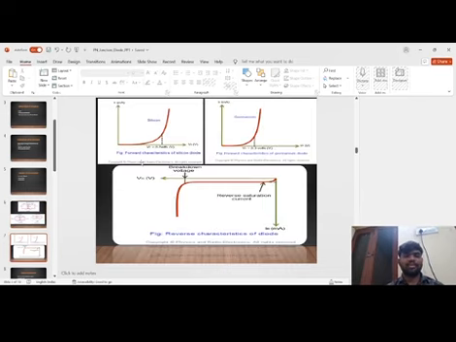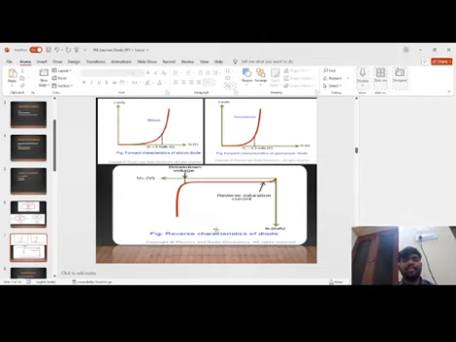These are the characteristics. This is the silicon diode characteristics. This is the germanium characteristics. This is the reverse bias. In forward bias, after a certain cut-in voltage, the current rises rapidly.